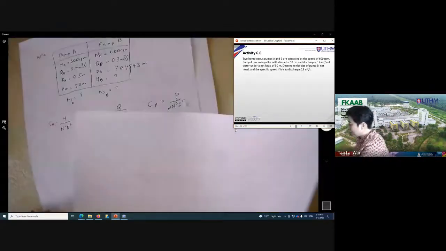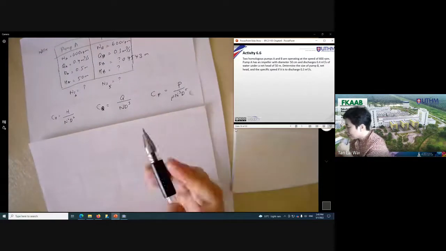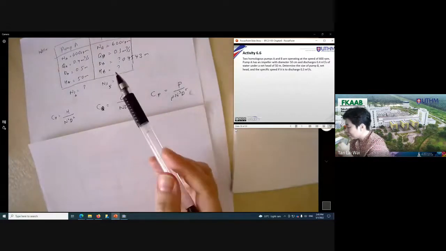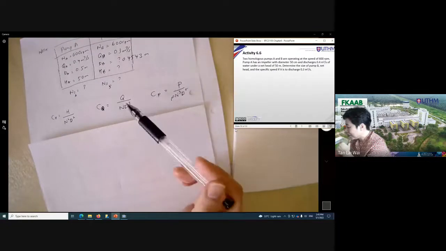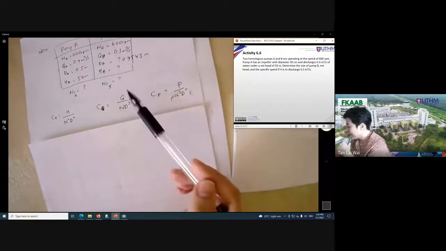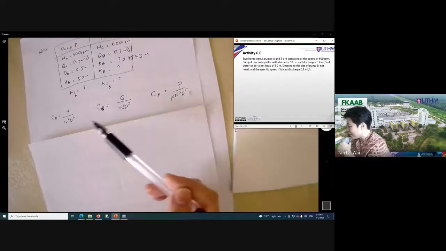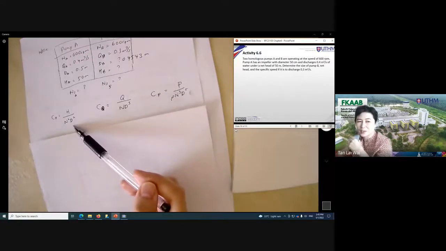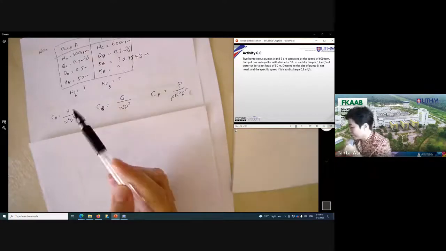The next one is you want to determine HB. So I guess, just now, you have been using this. The only law that relates H would be the similarity law for head. Am I right? So you have to use this.